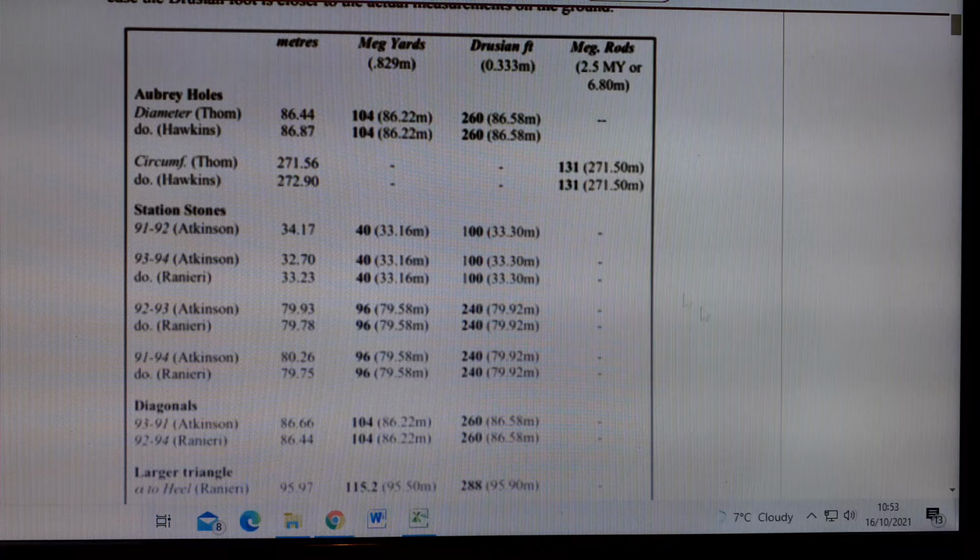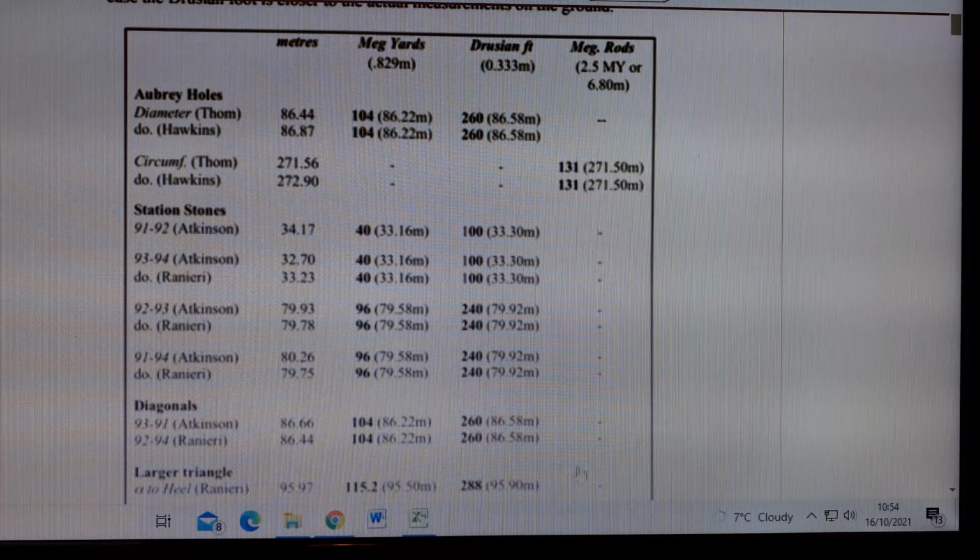And it's using this number 260, and we find that Thom uses that in his analysis of Avebury. Turns up a lot, 260. And the reason why it turns up a lot is because it's used as a diameter. And as a diameter, it's a count of the eclipse danger period.